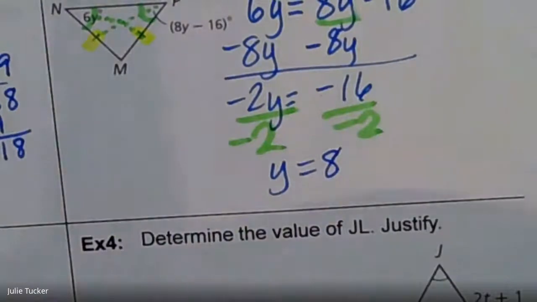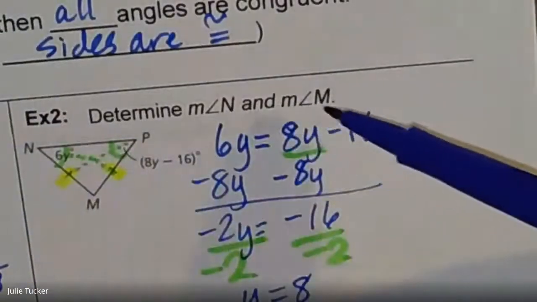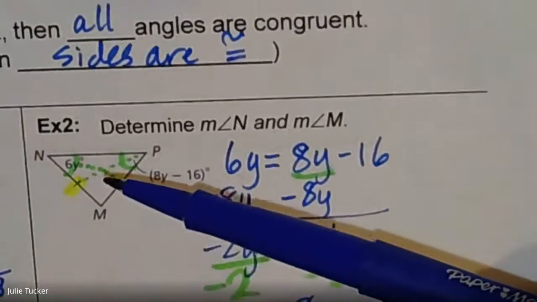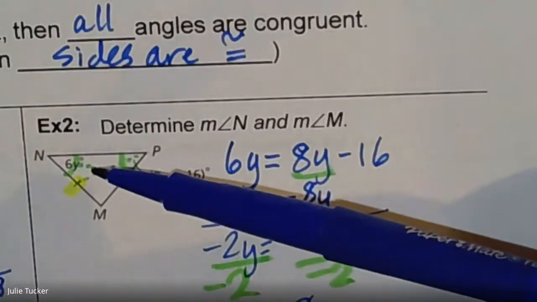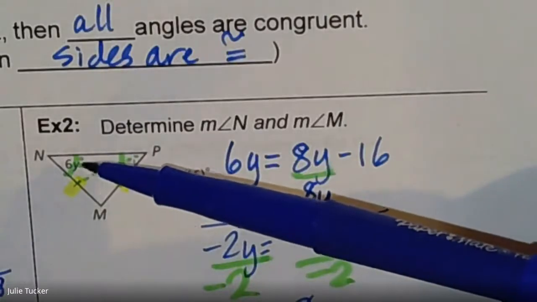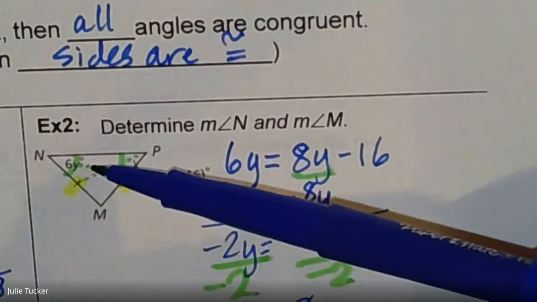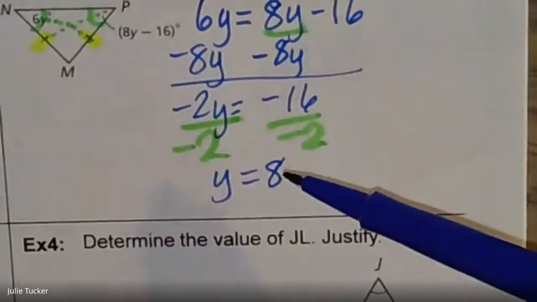Then it says find the measure of n and m. So if I go back to the original triangle and I look, here's my n. So plug it in, right? So 6y would be 6 times 8.